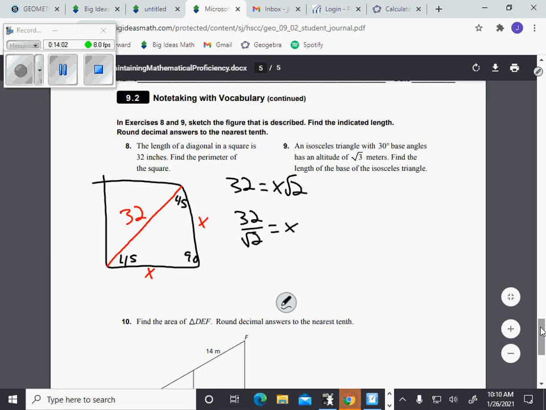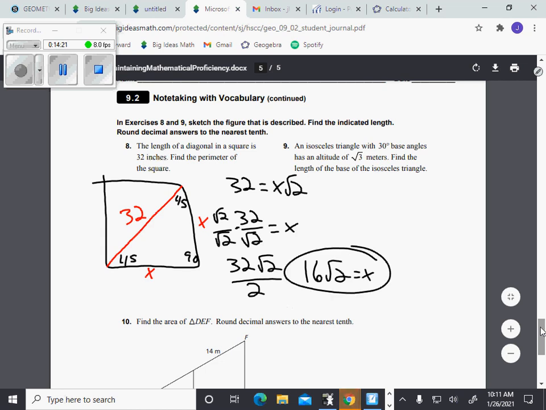I have to multiply by the square root of 2 on top and bottom. Okay, so I'll get 32 square root of 2 over 2. Now simplify. 16 square root of 2 is equal to x. Okay, so that's each side length of the square.